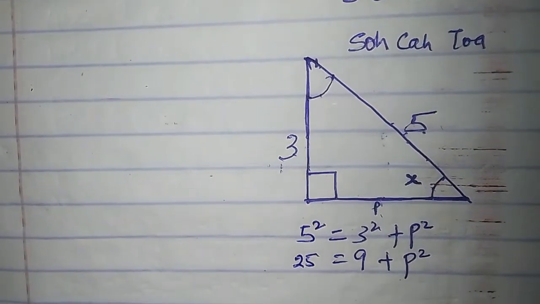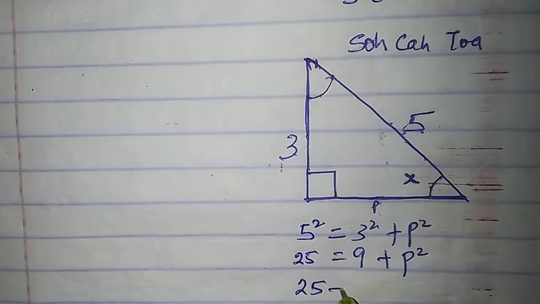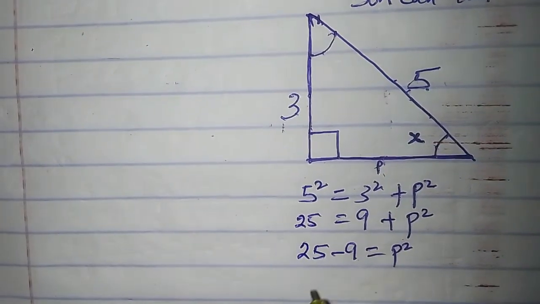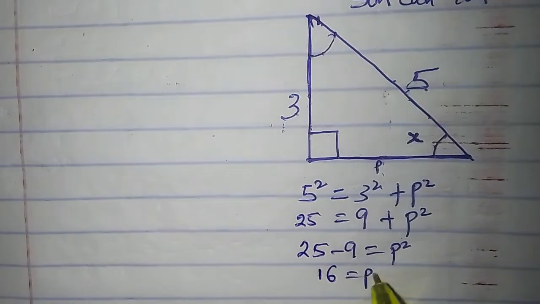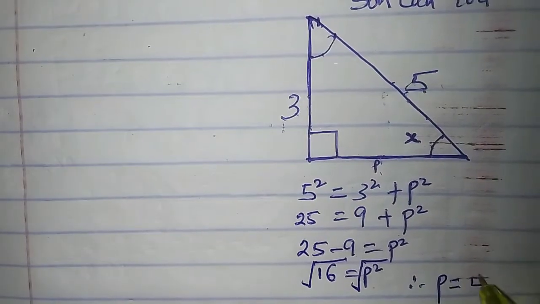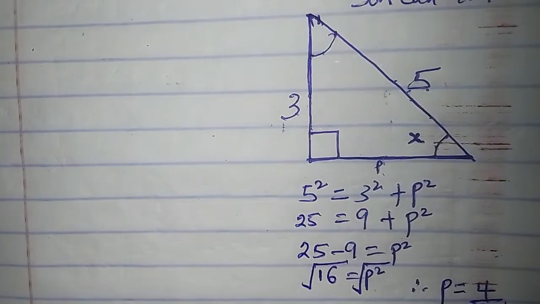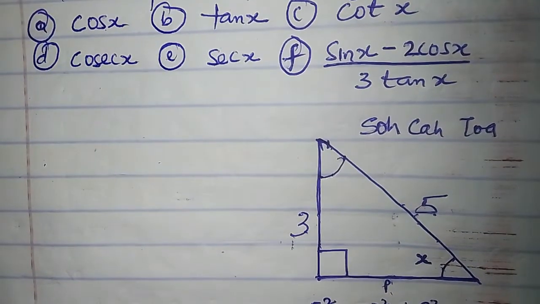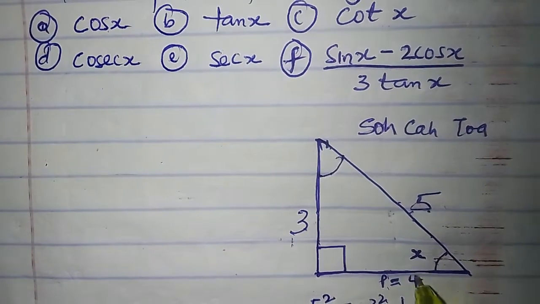So I can collect like terms: 25 minus 9 is equal to P squared. 25 minus 9 is 16. If I take the square root of both sides, P will be equal to 4, because the square root of 16 is 4. So the adjacent side is 4 units.